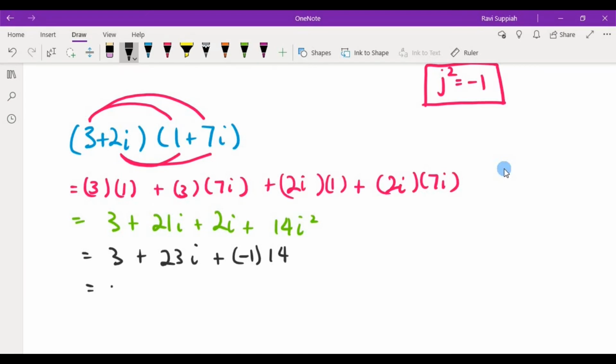But now it is a positive, so 3 plus 23i plus minus 14. So what I have is minus 11 plus 23i. Okay, so that is the final answer for this complex number multiplication. Let's try a few more examples.